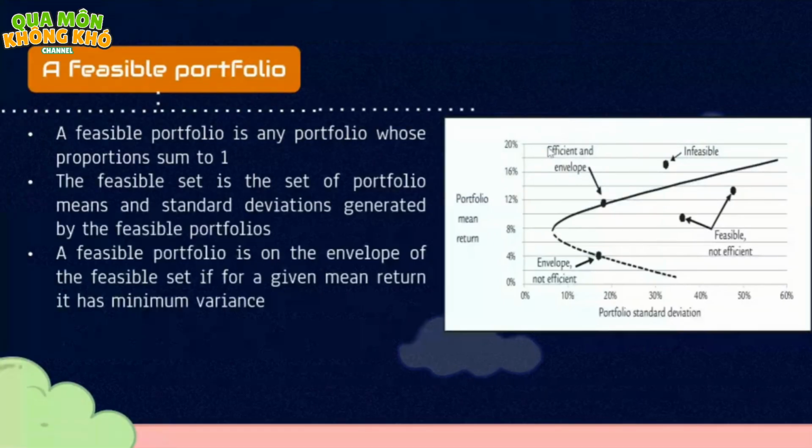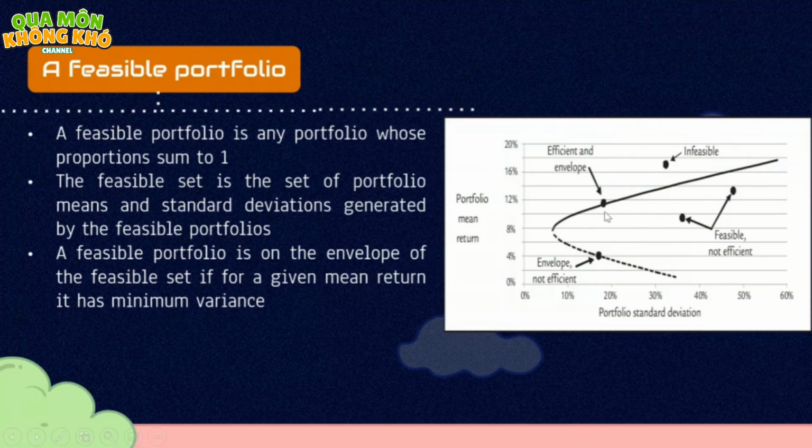A feasible portfolio is any portfolio whose proportions sum to 1, and the feasible set is the set of portfolio means and standard deviations guaranteed by the feasible portfolios. A feasible portfolio is on the envelope of the feasible set if for a given mean return it has minimum variance.